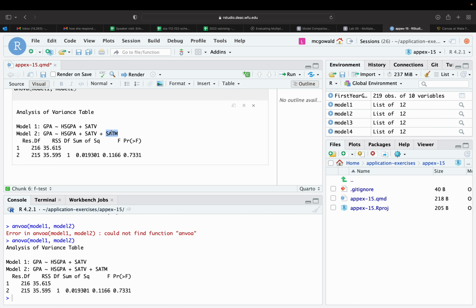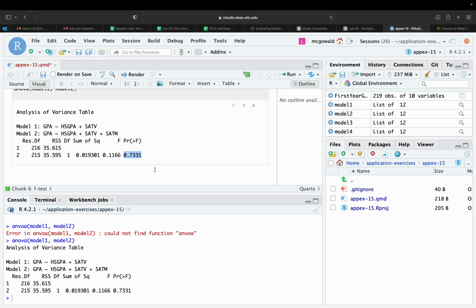It's not equal to 0, exactly. Based on the output in this table, what's the result of that hypothesis test? Right, exactly. We failed to reject the null because this p-value is greater than the alpha of 0.05 that we usually use as our cutoff.